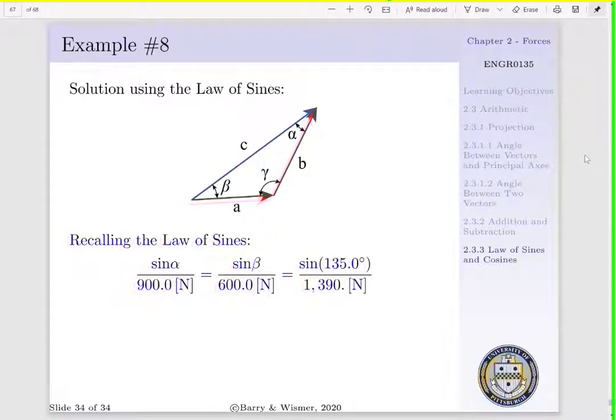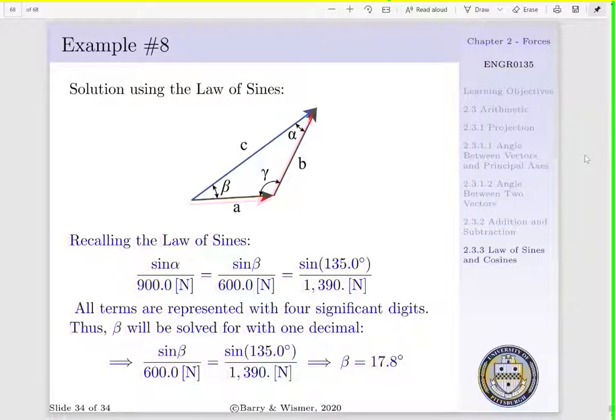Lastly, we can use the law of sines to determine our interior angles. Recall from the law of sines that sine of alpha per 900.0 newtons would be equal to sine of beta per 600.0 newtons, which would be equal to sine of gamma, which is 135.0 degrees, per our resultant, 1390 newtons.